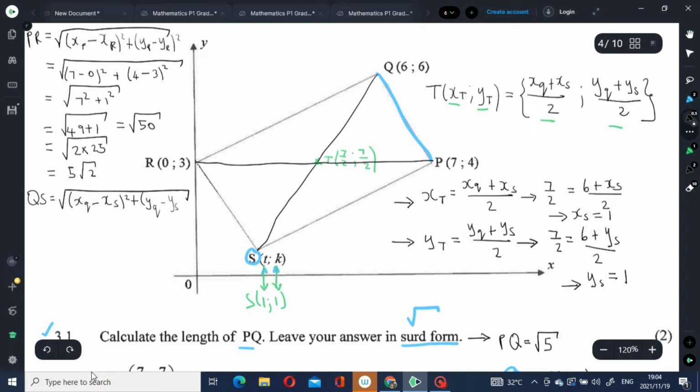That's it. It's why it's so important that you write the subscripts in the correct way. So now it's just a matter of substituting.